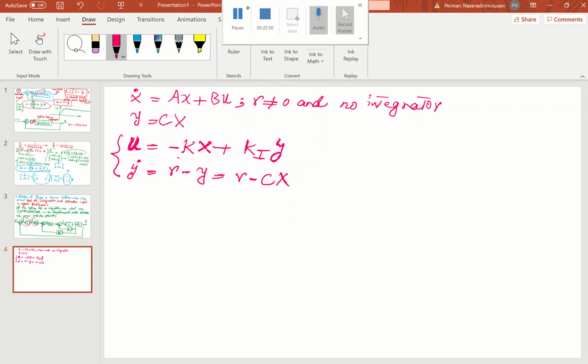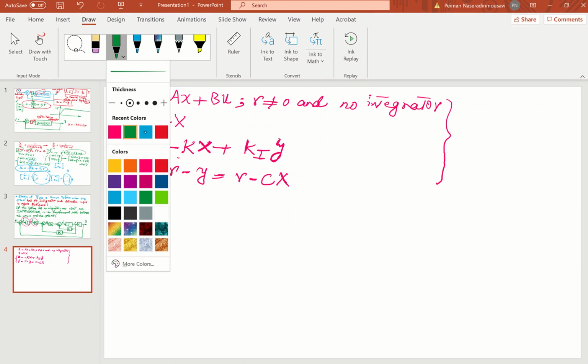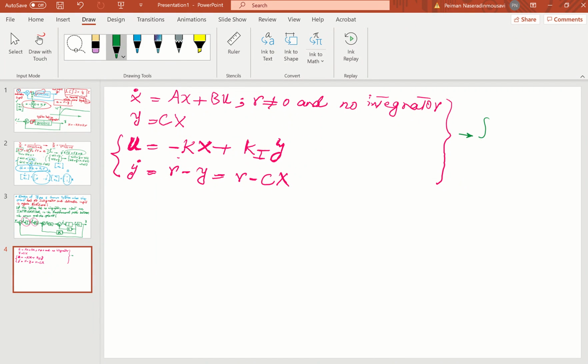Now this is the mathematics part of that, so bear with me, guys. Based on these equations we have two state equations.